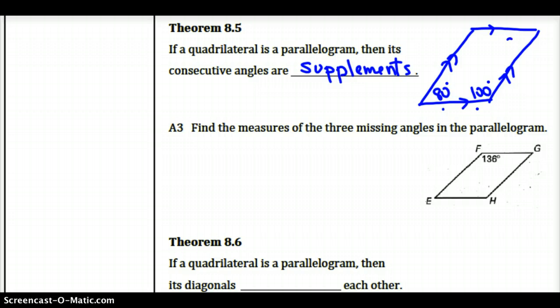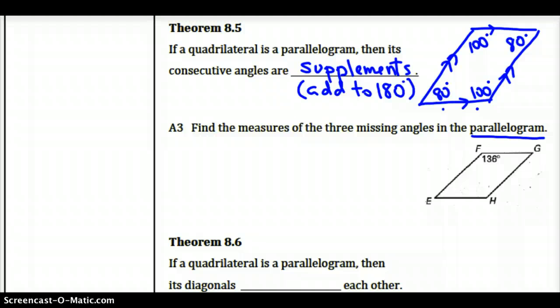Now, opposite angles we know are congruent. So again, I can likewise put these in, and we can see that all the way around we get supplements, so they add to 180 degrees. That's what supplements mean. Now, an example here is A3.